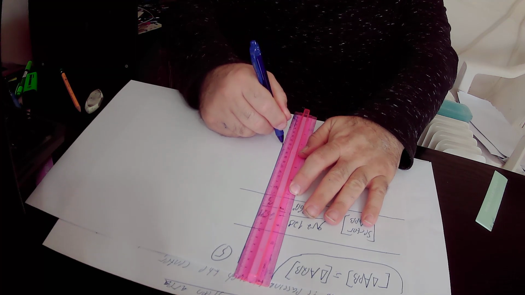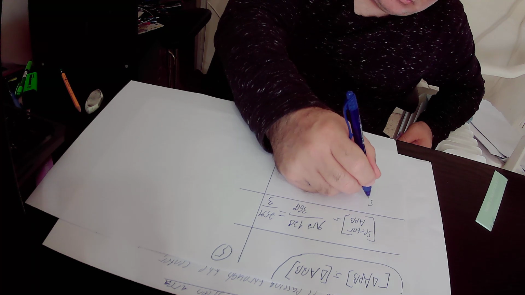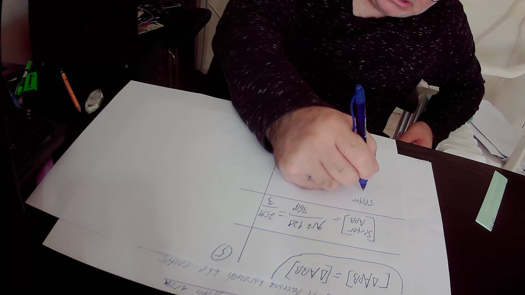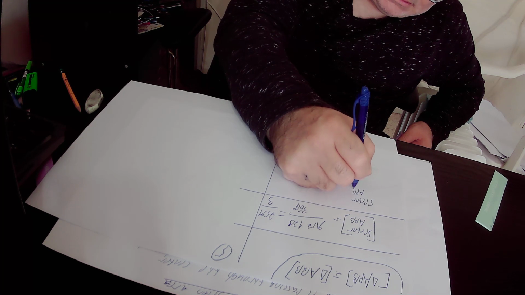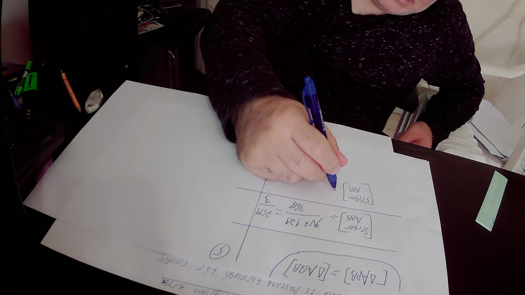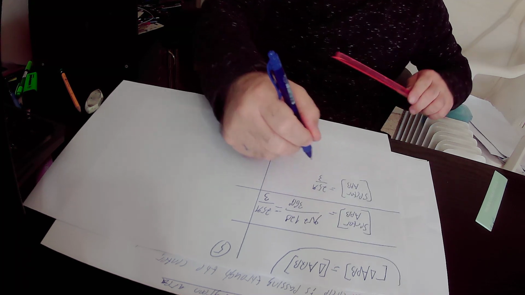So we actually found out that the area of sector APB is equal to 25 pi over 3 square units.